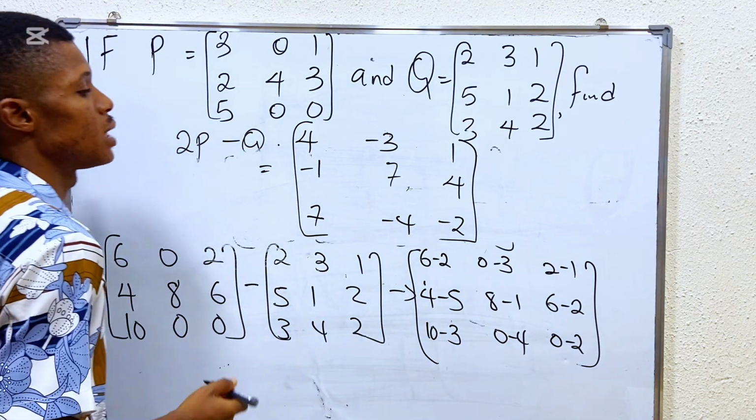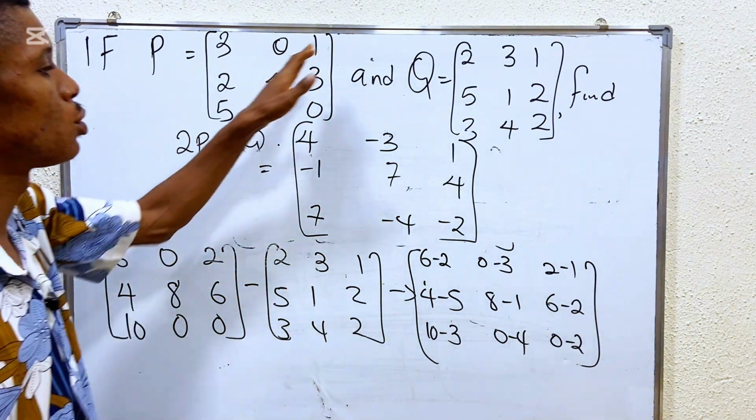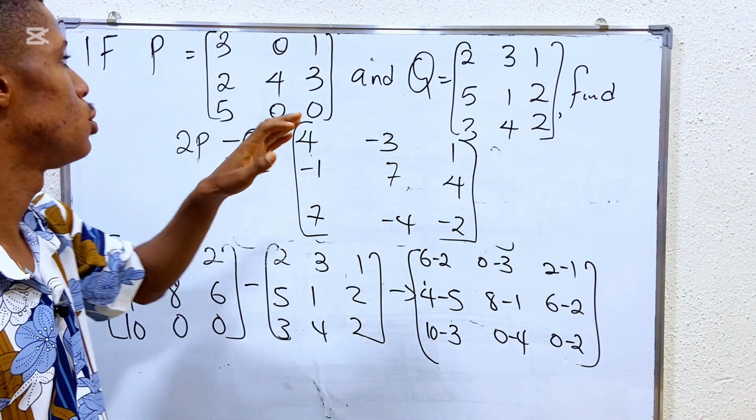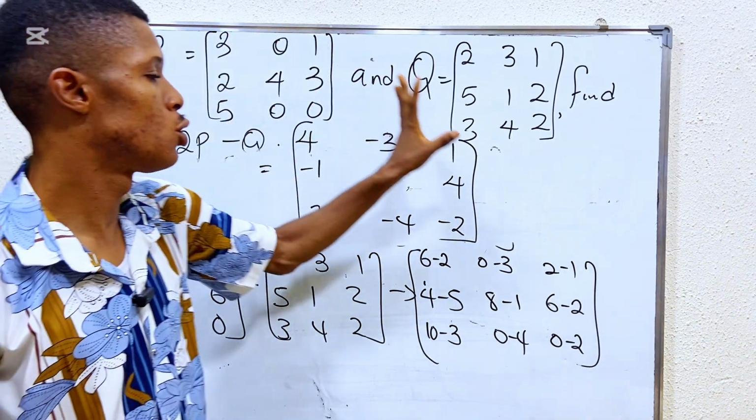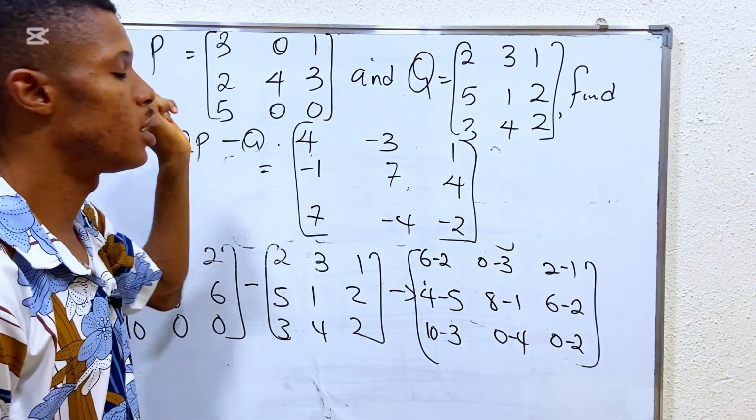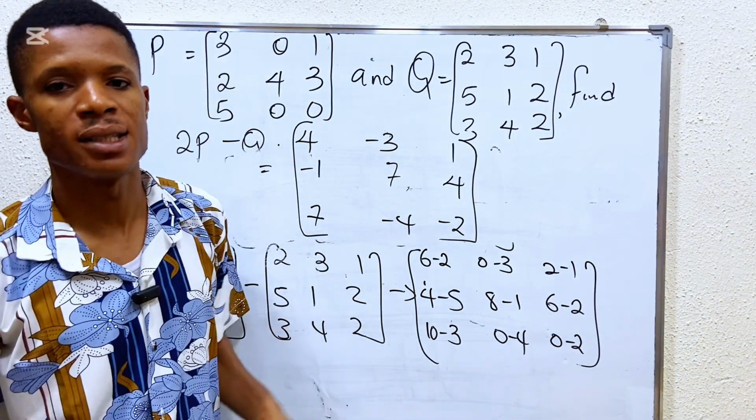So this is the resultant solution of these two matrices, 2P minus Q. Okay? That's the answer.